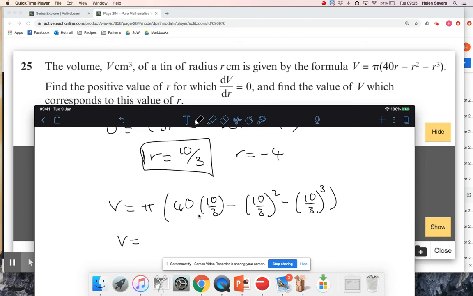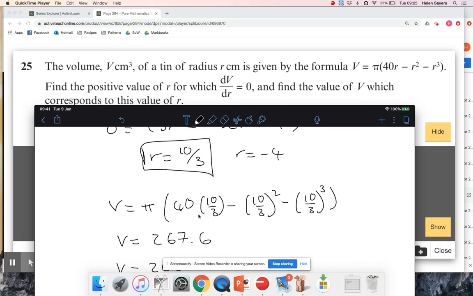So 400 over 3, that's 100 over 9, minus 1000 over 27. If I've typed that in correctly, I'm getting 267.6. Generally we round to 3 significant figures.